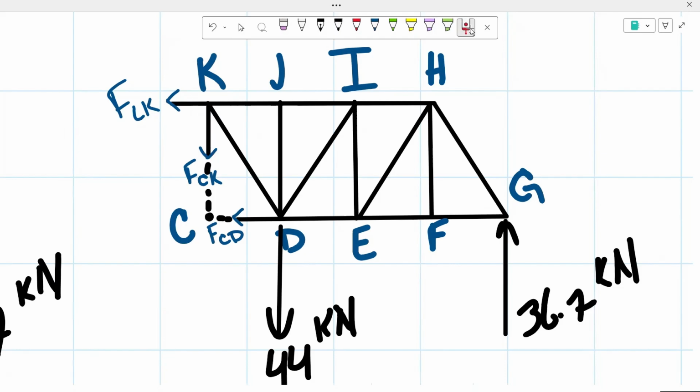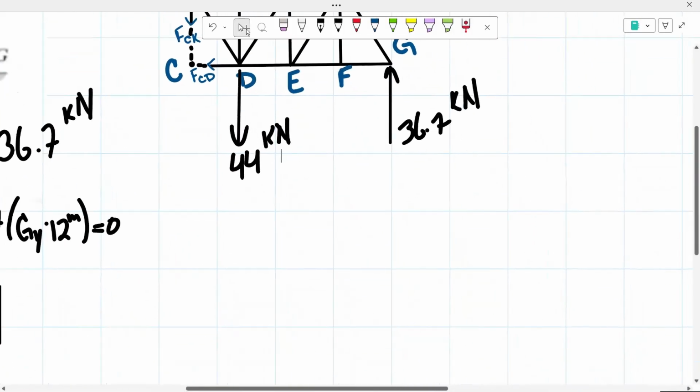We know that both of those are not going to create a moment about this point. That means that we would be able to solve for the force of the member CD. So that's what we're going to do.